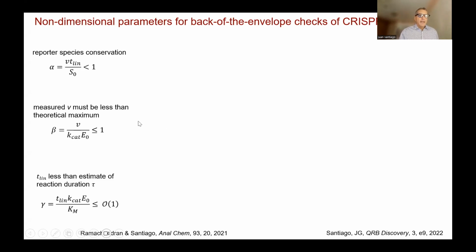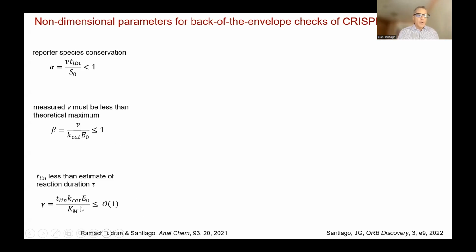Beta here is the published velocity, so the published rate of production of product in the raw data, divided by the theoretical maximum, where the theoretical maximum is the kcat times E naught, where E naught is the activated enzyme concentration, where to be conservative, you can assume this is equal to the target concentration, assuming every single target created an activated enzyme.